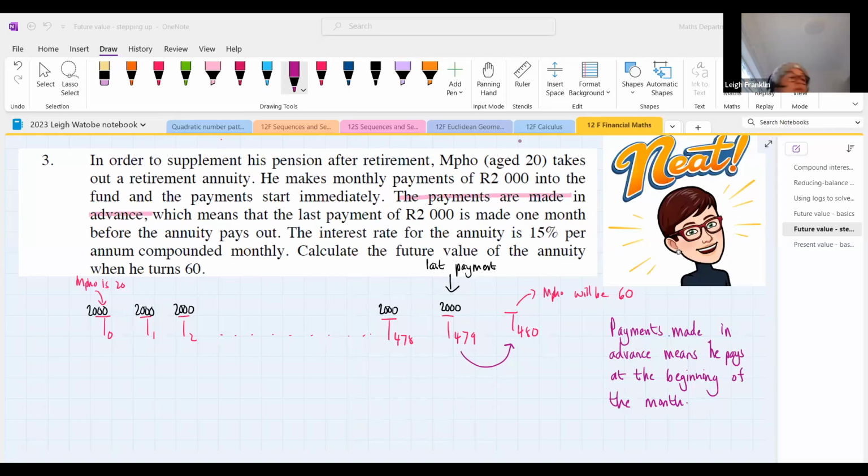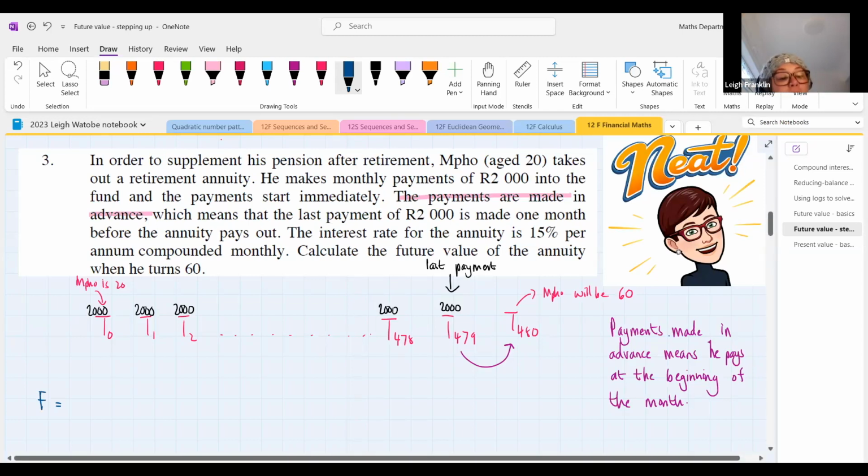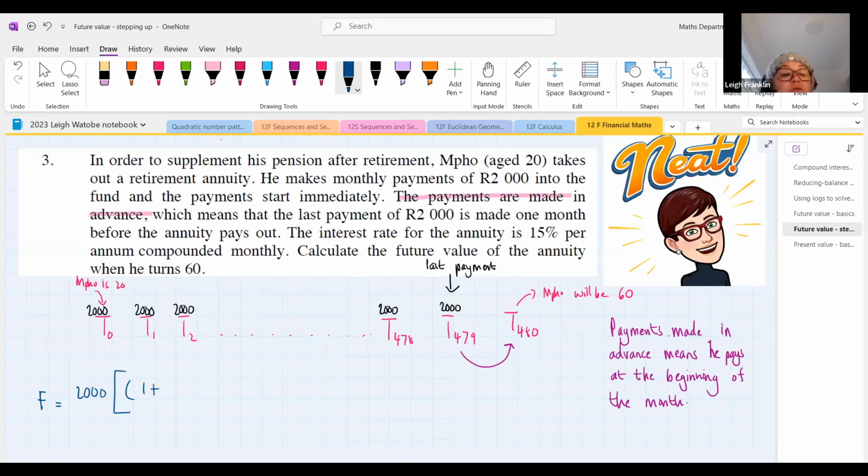All right. So now let's set up our equation. The future value of the investment. He's paying in 2,000 Rand a month. That's our X. 1 plus his interest rate is 15% per annum compounded monthly, which is an amazing interest rate. I don't think any of us would get an interest rate like that these days.